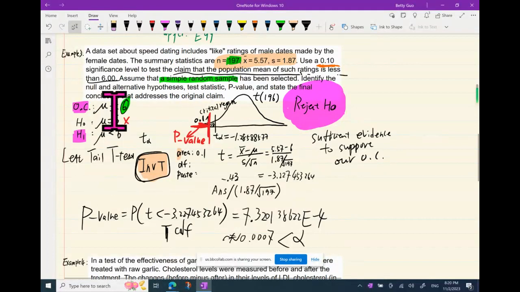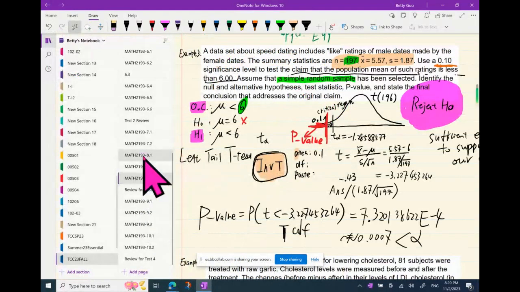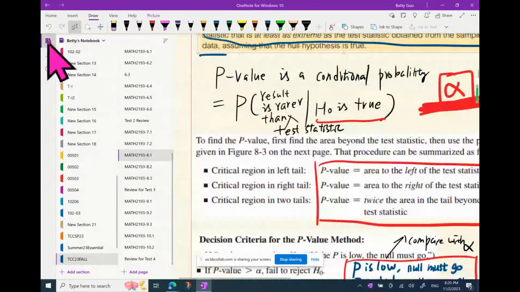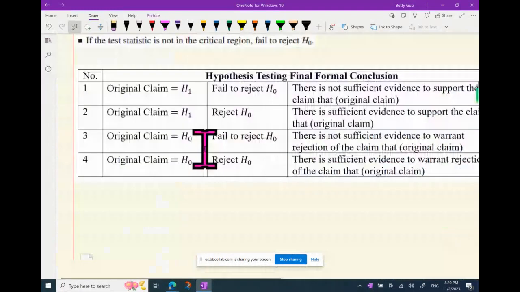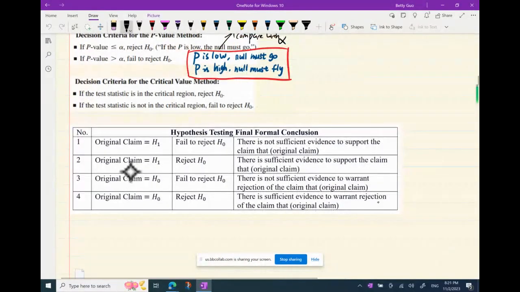It's correct, but we can also double check by looking at the table that I gave you. I will include the table for that. The original claim is the alternative, so there is sufficient evidence, it's correct.